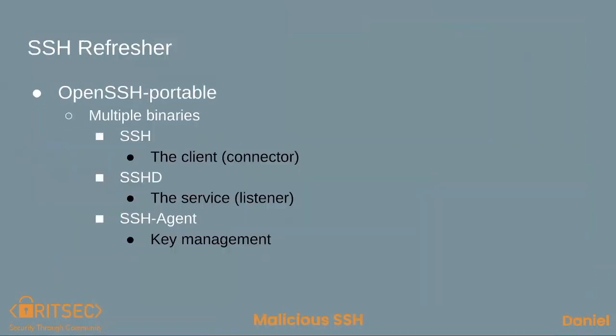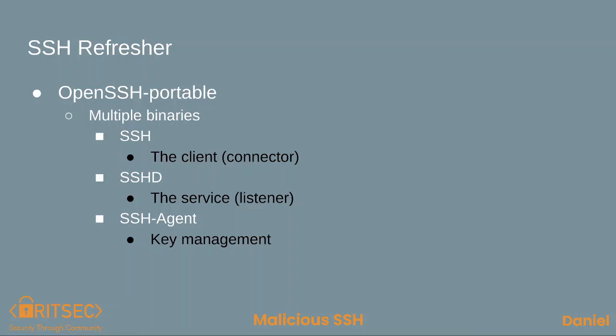Okay. So first, we're just going to do a quick SSH refresher, because sometimes you just forget some basic things. So SSH, really what I'm referring to is OpenSSH Portable, which is this open source project that allows you to do remote authentication to different machines on Linux. Mostly works with Windows too, but we'll mostly see it on Linux. There are multiple binaries involved with OpenSSH.